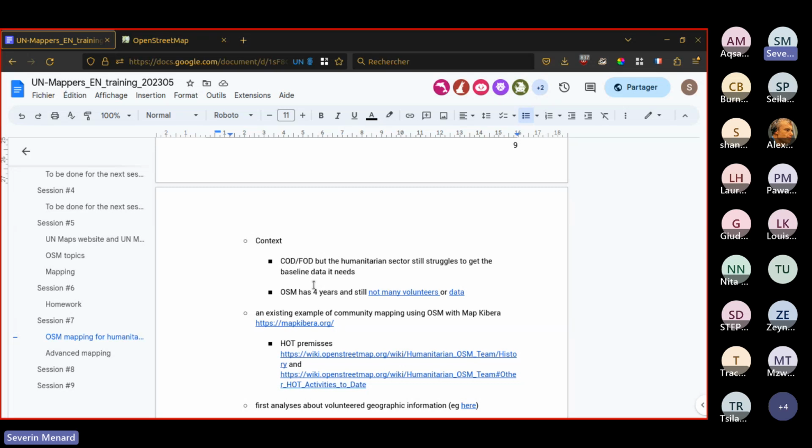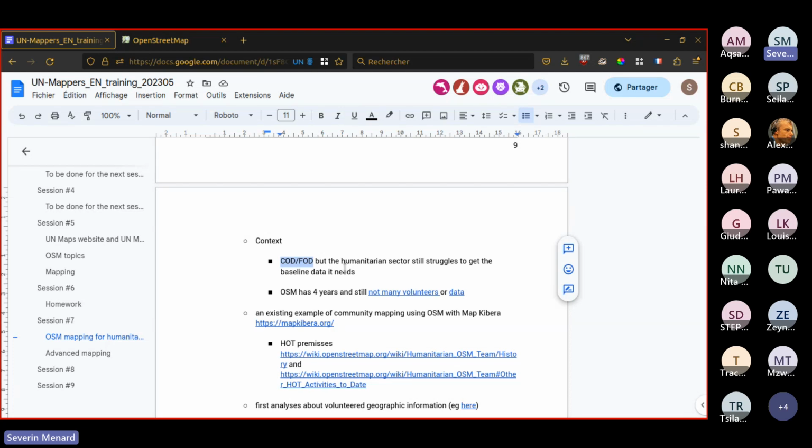So at that time, we needed to figure out that there were some tools, like the COD FOD, I forgot the link for this, but it was the Common Operational Data Sets and Fundamental Operational Data Sets. That's a UN language to talk about the core geographic data everyone in the sector needs to facilitate humanitarian actions.